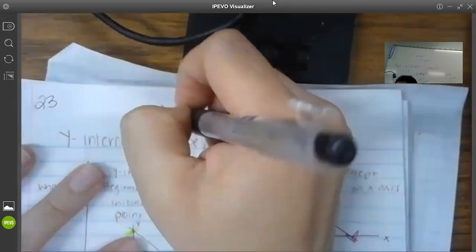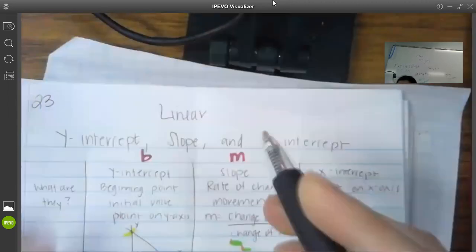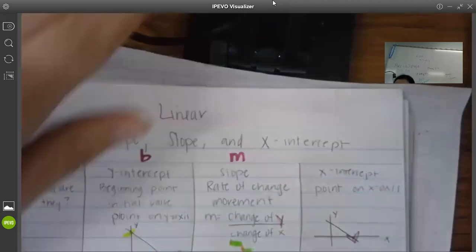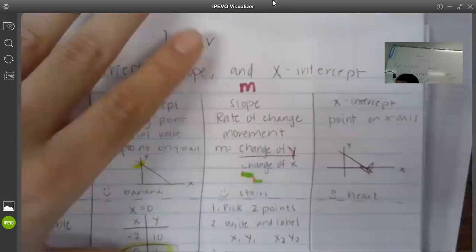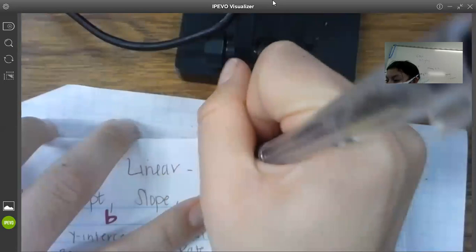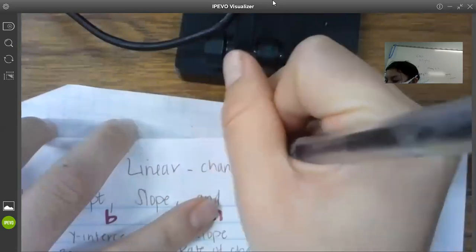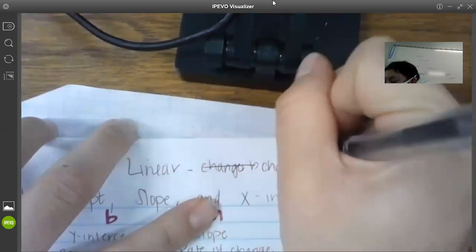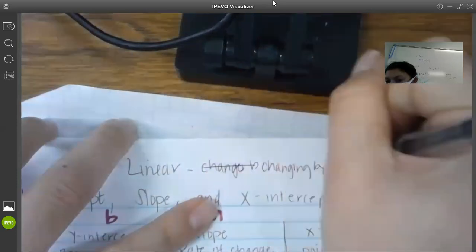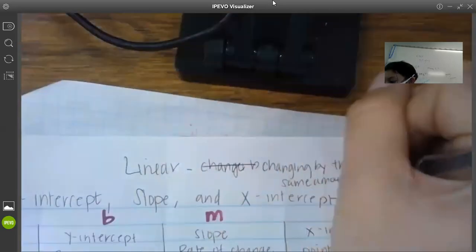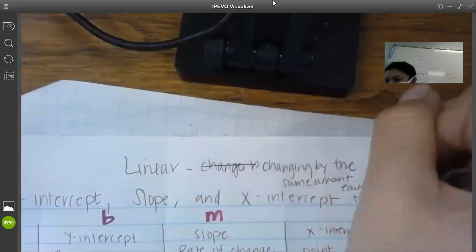That's what makes this linear, is that it has a constant rate of change. That means every time it's changing by the same amount. If it wasn't changing by the same amount, it would be a different type of function. Changing by the same amount each time.